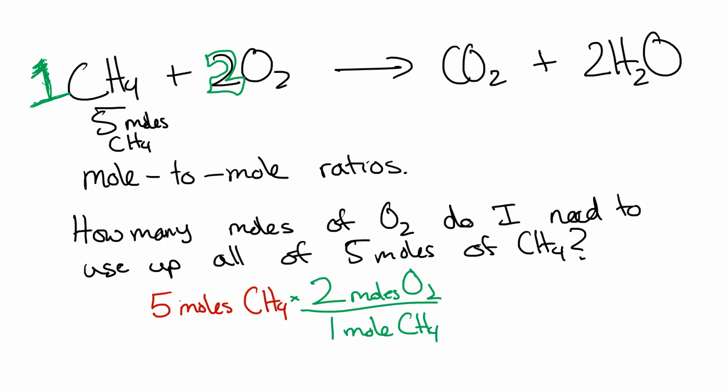You can see CH4 cancels with CH4 right here, leaving us 10 moles of O2 are needed to utilize fully the 5 moles of CH4. If we want to consume all of the methane gas, the 5 moles of methane gas, we need 10 moles of oxygen gas. Okay? Make sense? That's what the balanced equation is telling us.